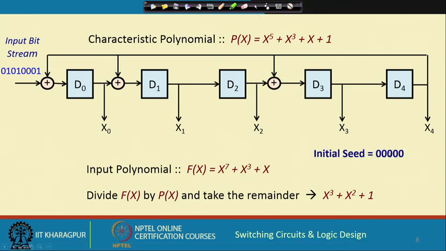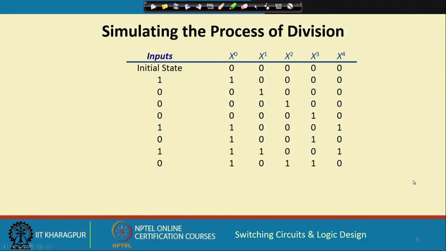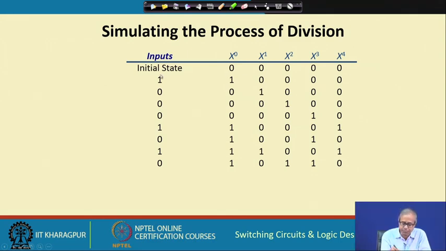Now, if we just initialize it with the all 0 pattern, simulating the process of division, the input bits come like this, and if you work it out, I leave it as an exercise for you, just see it step by step. This corresponds to the input polynomial, and as the input bits come one by one, the LFSR runs starting from the all 0 state.